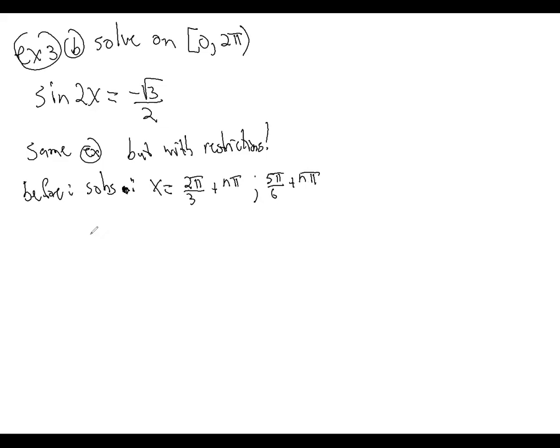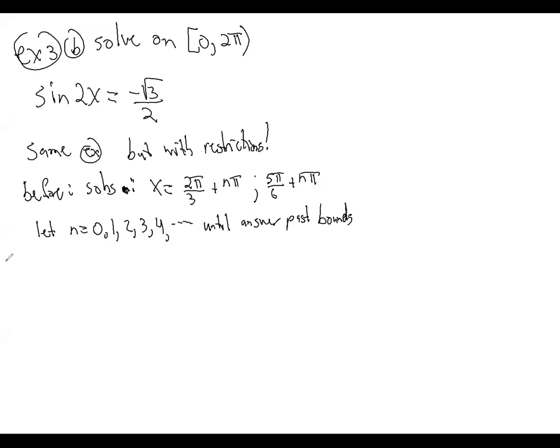So this is where we're going to go through letting n be 0, then 1, then 2, then 3, then 4, however many you have to do until the answer is past the bounds. Bounds being the 0 to 2 pi. So when you get an answer that's 360 degrees or larger, you stop. That's when you hit the brakes.